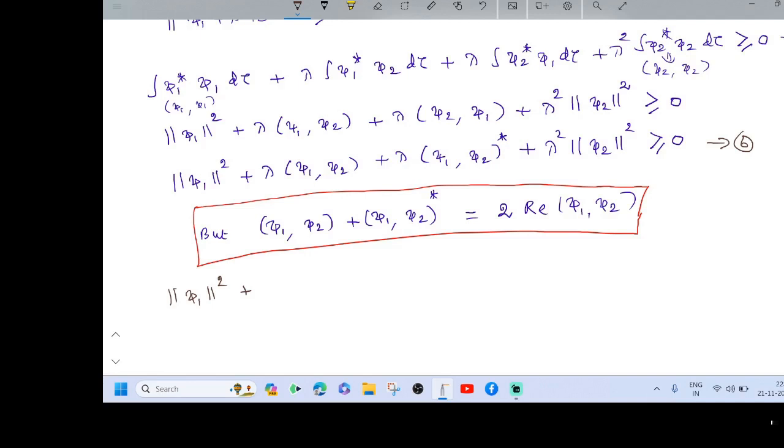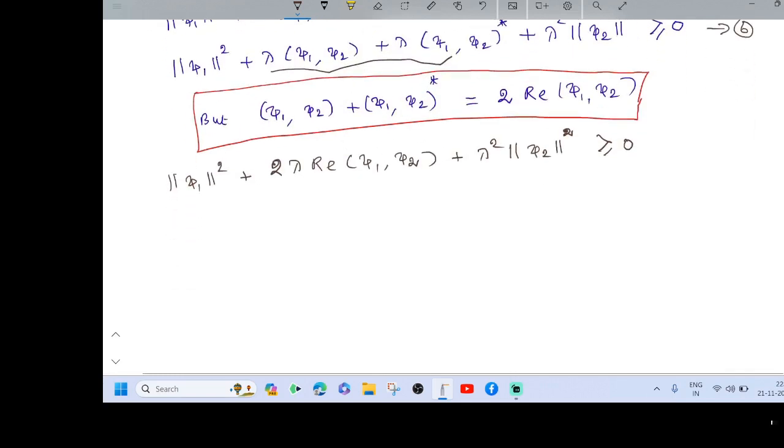Already lambda is present here, so that 2 lambda real part of psi 1 comma psi 2. Instead of this, we have to write 2 times lambda into real part of psi 1 comma psi 2 plus lambda square, then norm square of psi 2 greater than or equal to 0.